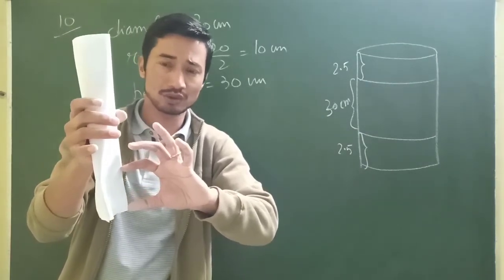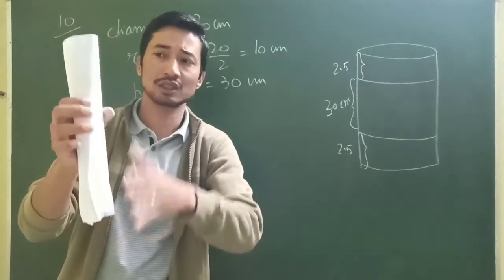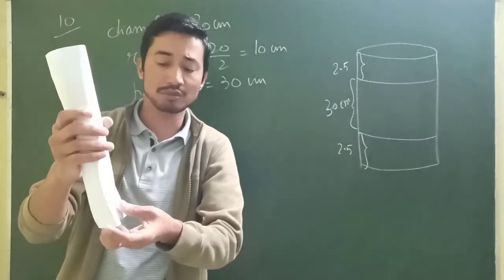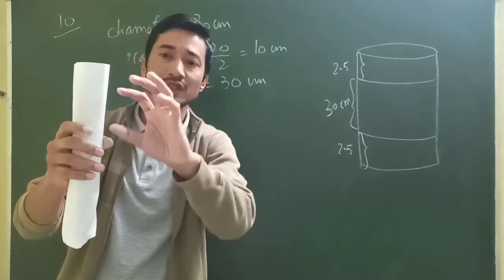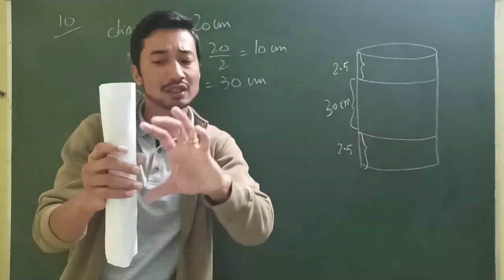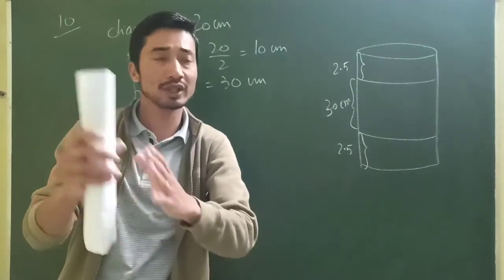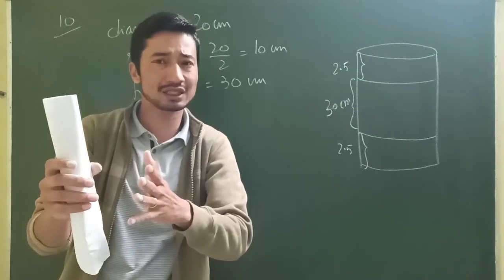So the total cloth required will be, if I can just get the total height of the cylinder, because this part is left for folding. So why don't I just consider 30 plus 2.5 plus 2.5, I'll get directly, isn't it? We can do it in parts also, but I don't think it's quite necessary.